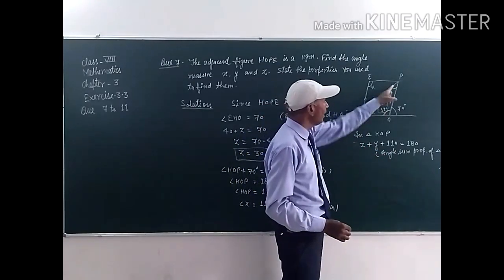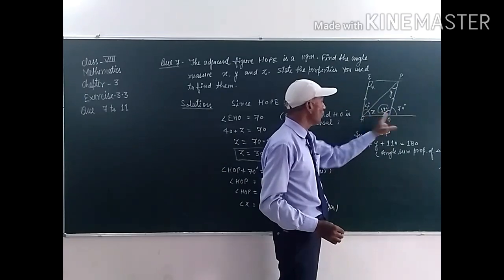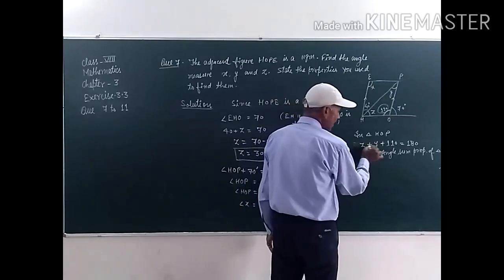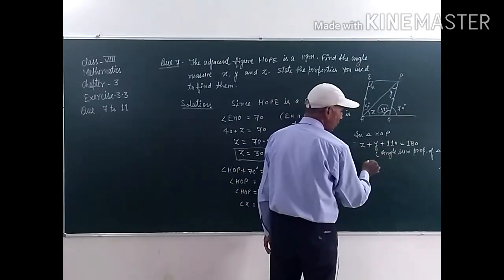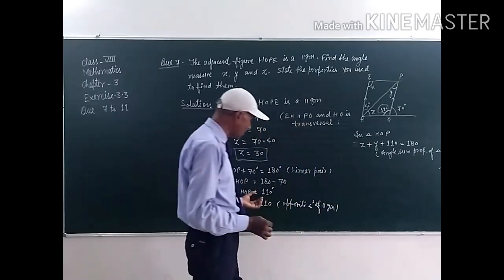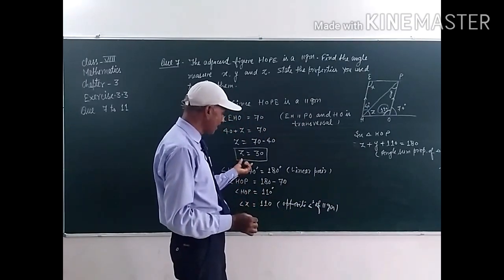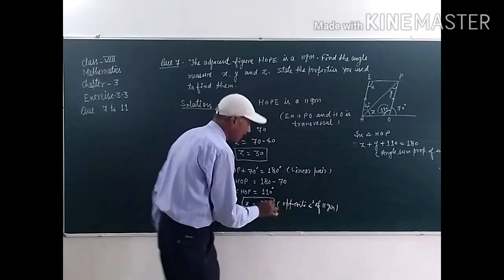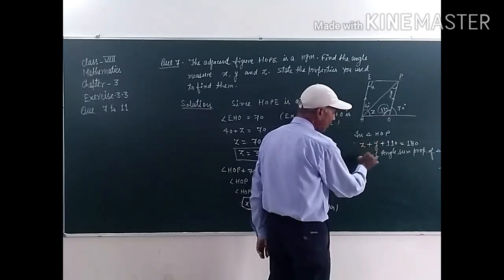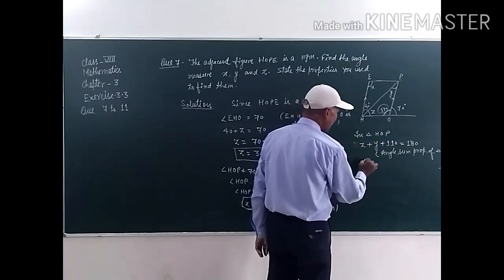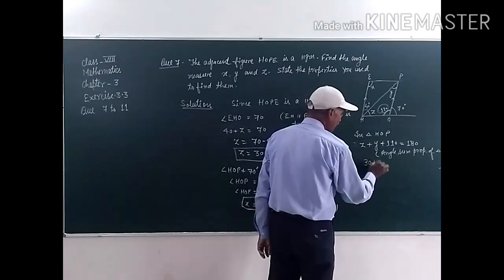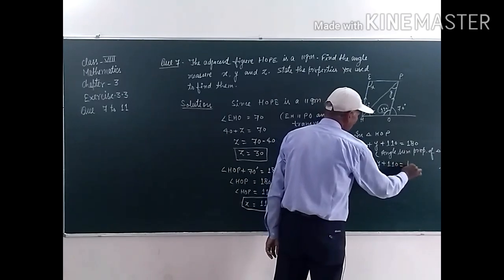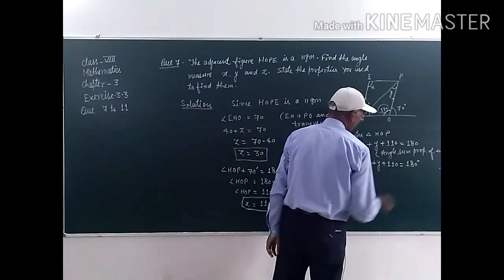So in triangle PHO or HOP, this Z plus Y plus 110 is equal to 180 degree, and from first we found the value of Z, that is 30 degree, and this value of X is 110 degree. So from first, 30 plus Y plus 110 is equal to 180 degree.